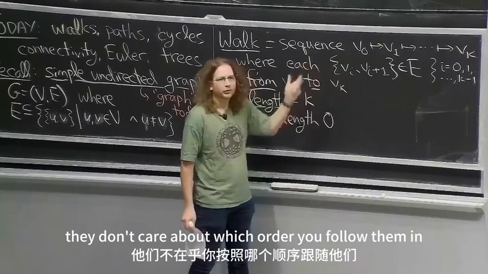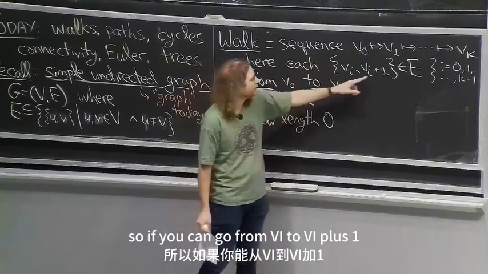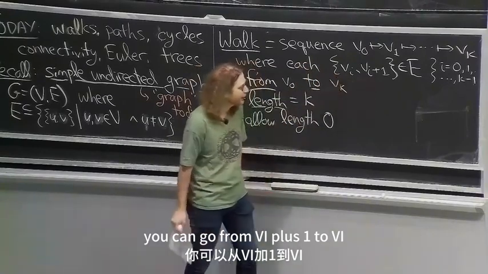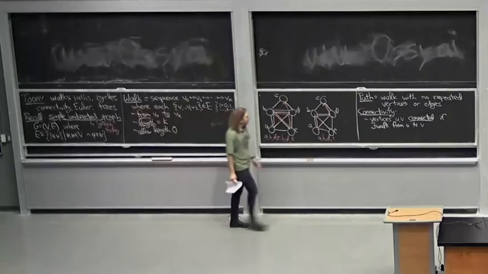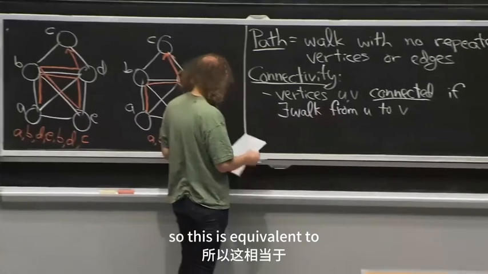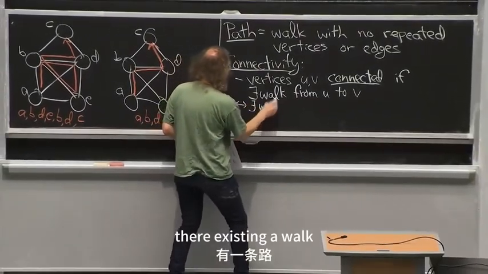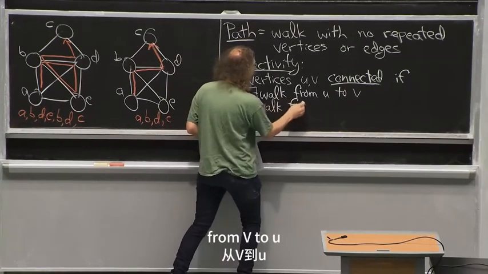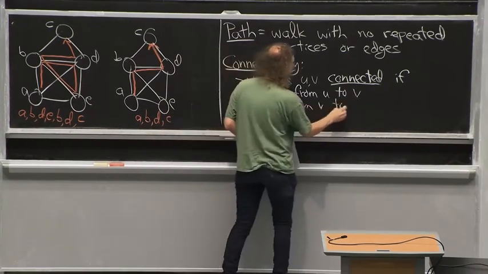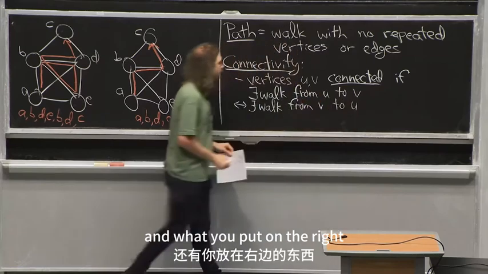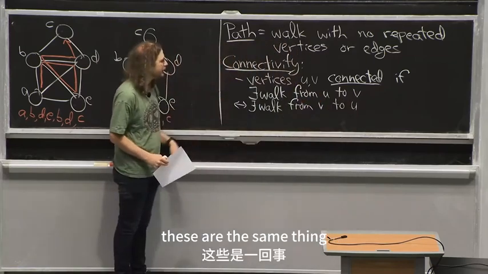They don't care about which order you follow them in. So if you can go from vi to vi plus 1, you can go from vi plus 1 to vi in an undirected graph. So this is equivalent to there existing a walk from v to u. It doesn't matter which one you put on the left and which you put on the right. These are the same thing.